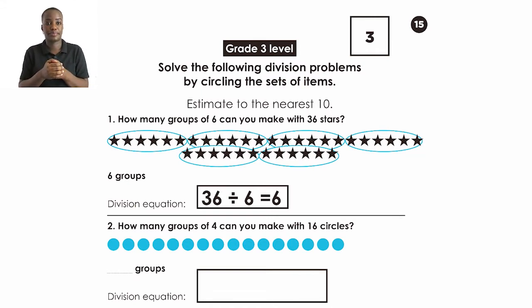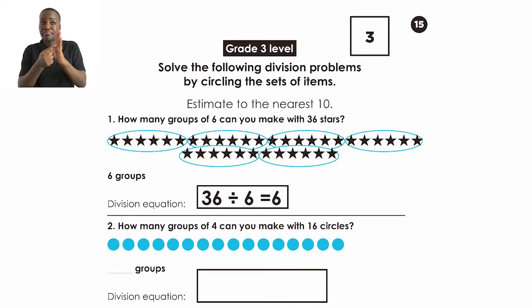And remember to count out loud as you are circling. Let's just look at number 2. Number 2 says, how many groups of 4 can you make with 16 circles? So we have our 16 circles there. And you're going to put them in groups of 4. You need to count 4 circles before you circle them as one group.